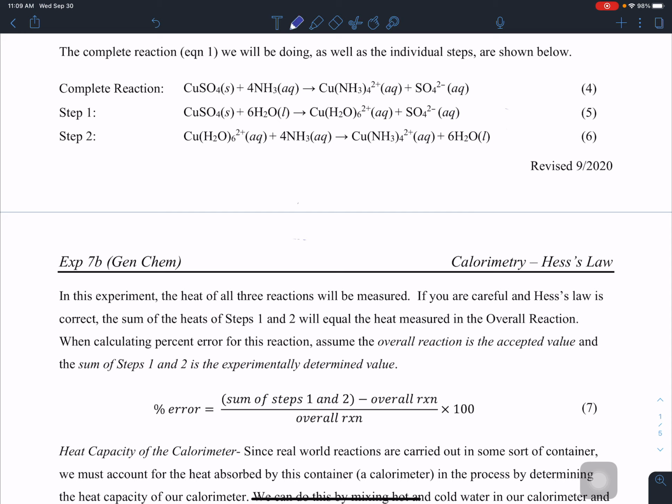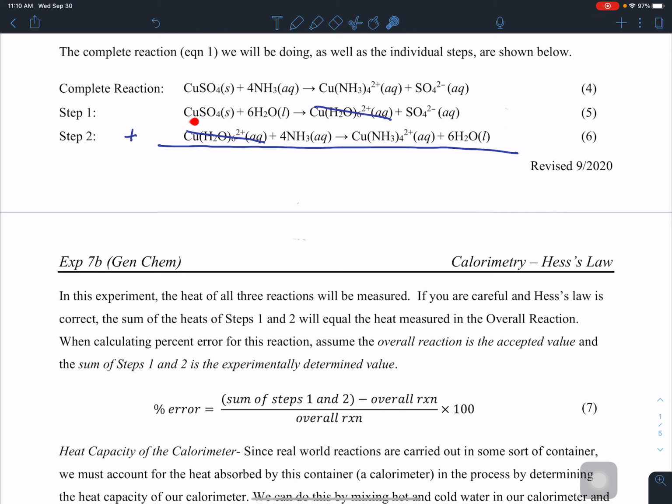So instead of just believing that, let's prove it to ourselves. If I add these two reactions together, what I'm going to look for is anything that gets created on one side and destroyed on the other. So here I've got this funky looking ion, and I've got the same thing over there. That's an intermediate, and we can cross those out. The other thing that's an intermediate is the water.